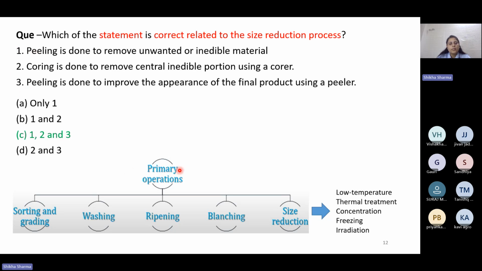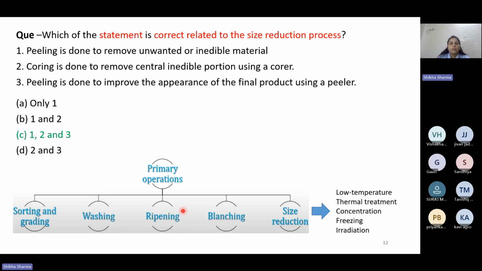So basically, whenever we are processing our fruit with any kind of treatment, like low temperature treatments, thermal treatment, concentration, freezing, or irradiation, for any treatment we are going for, we need to first do the primary operations on the fruit product. In primary operations, we do sorting and grading, washing, then ripening.